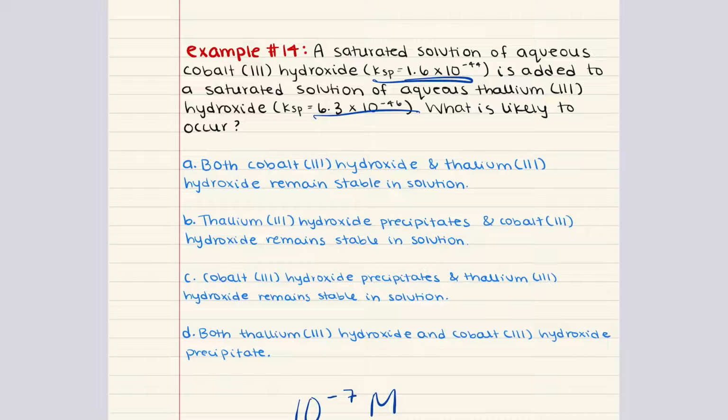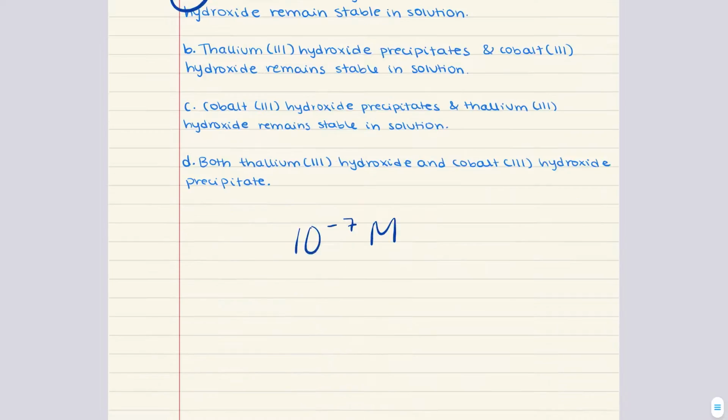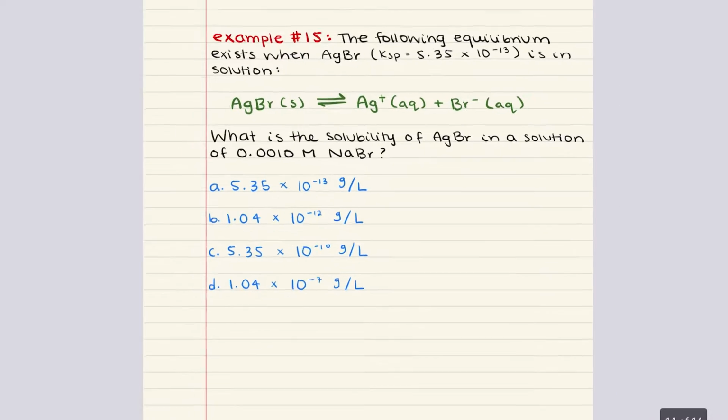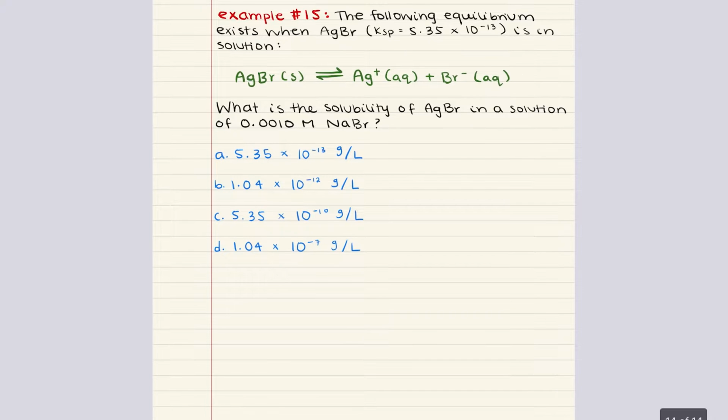That means when the two solutions are mixed, the concentration of hydroxide does not change. However, in mixing the two solutions, the concentration of the metal ions decreases as a consequence of dilution. As a result, both solutions would be below saturation, and that makes the correct answer for problem 14 answer choice A. Let's tackle our last and final problem for this video.